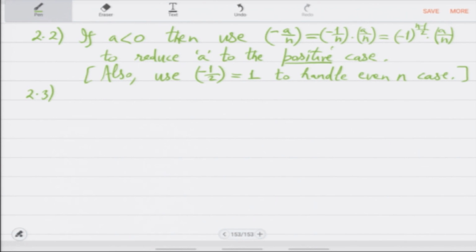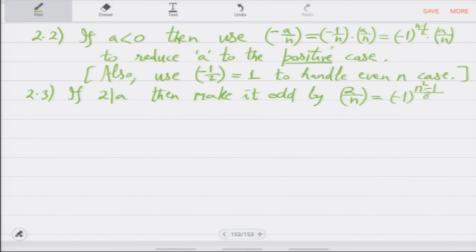Next, let's make a odd. If 2 divides a, then make it odd by using the fact that 2 by n is minus 1 to the n square minus 1 by 8.